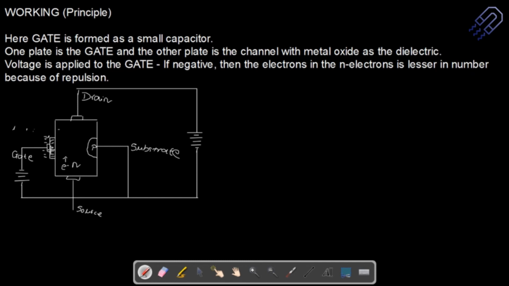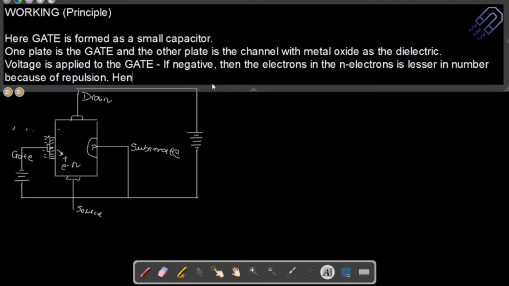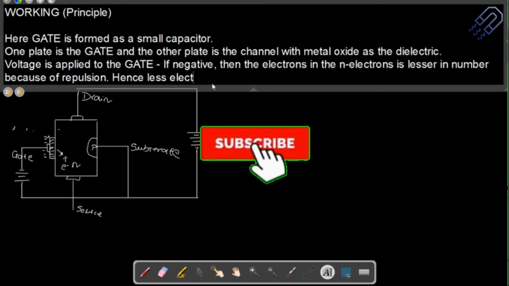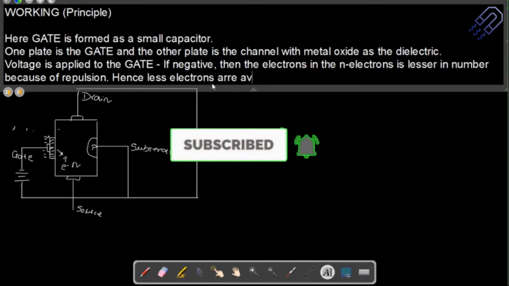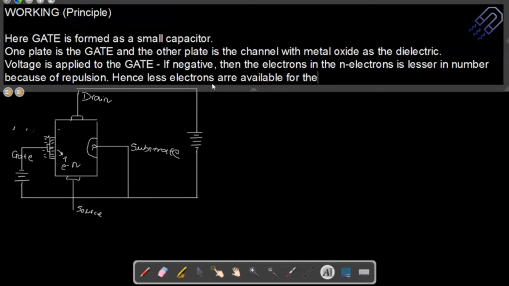Because of this negative potential, there is a repulsive effect, so they are not going to flow from this end to the other end, and we are restricting the number of electrons. So there are fewer electrons because of repulsion, and hence fewer electrons are available for the drain.